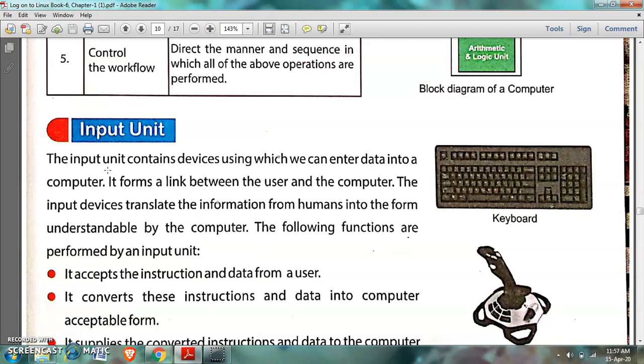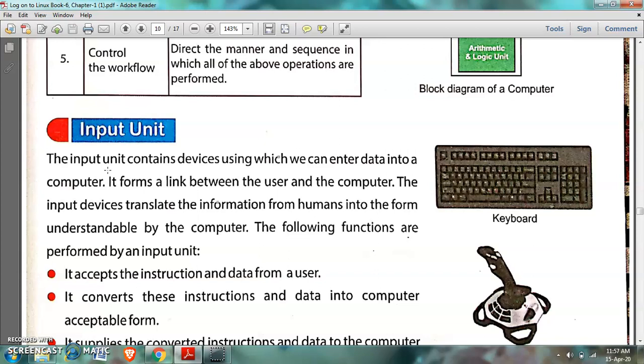What is input unit? I told you about some input devices which are used to give input to the computer. Here the same will be followed. The input unit contains devices using which we can enter data into a computer. It forms a link between the user and the computer. The same thing I told you when I was telling the block diagram, that we enter the data through the input units, input devices.